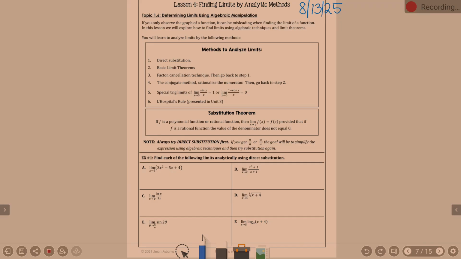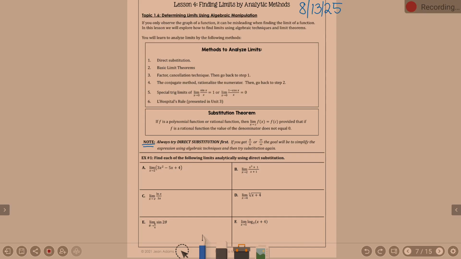Important note here: always try direct substitution first. That's always a go-to method: can I plug the number in? The problem is you're going to run into catches. If you get something like 0 over 0 or infinity over infinity, those are what I refer to as indeterminate forms.